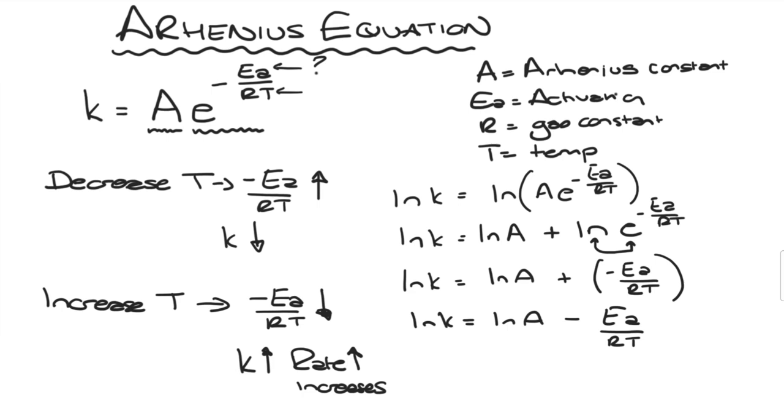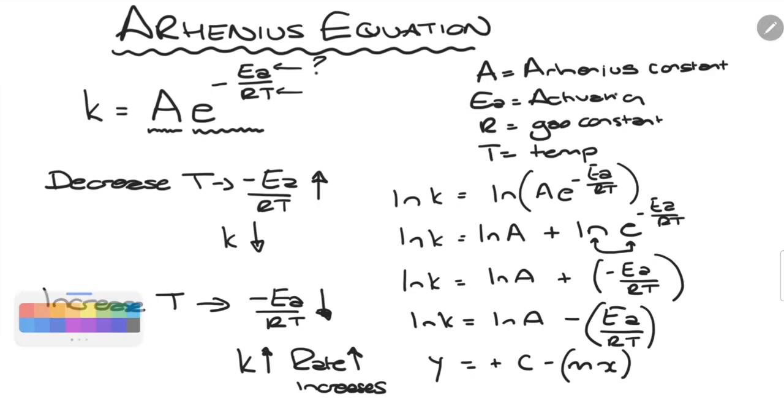And this is now taking the form of a y equals mx plus c equation, essentially. We've got some differences in signs, but essentially this is now an mx plus c, and this mx function is very important because this is the way in which we can subsequently evaluate what the activation energy is.